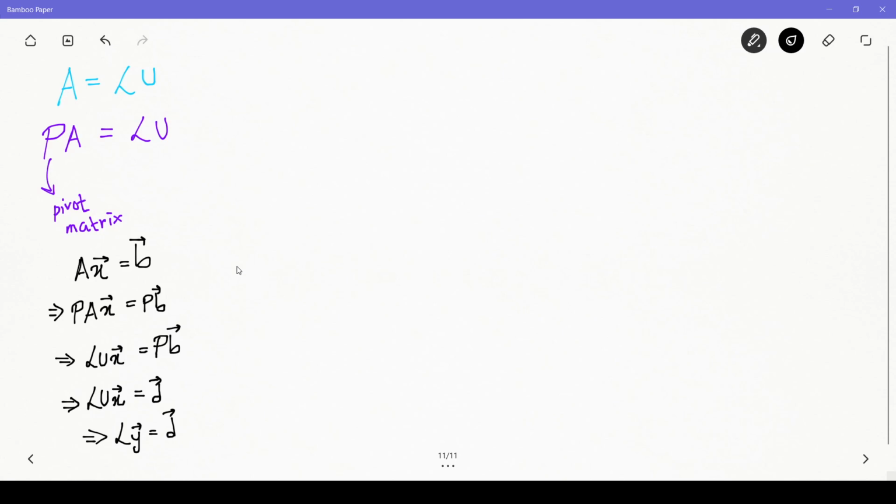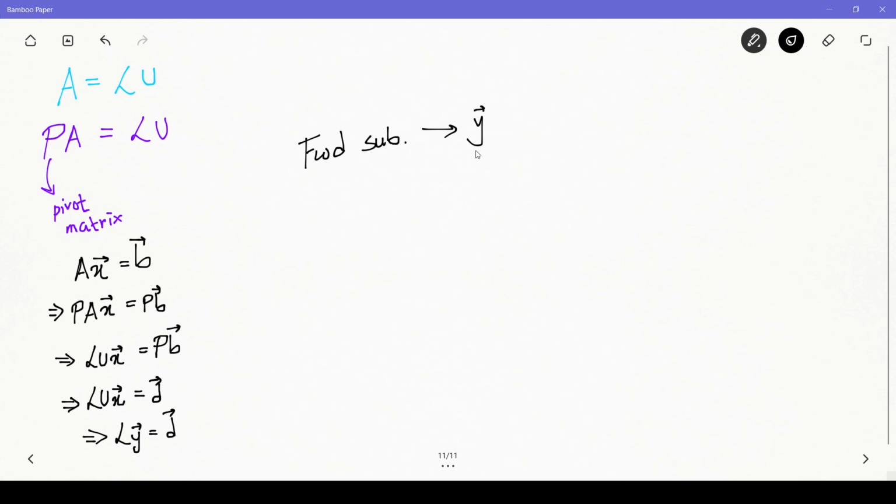So we can use forward substitution. I'm not going to talk about forward substitution in detail for this course, because I'm assuming you have already learned it in your linear algebra course. So using forward substitution, we find the vector y that satisfies this equation.